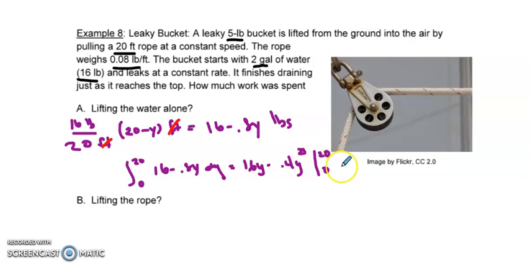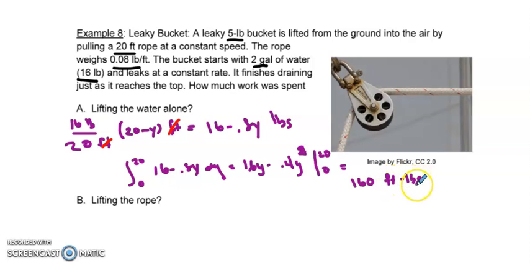That's a 2 right there. And when I integrate all this, 16 times 20 is 320, and then I'm going to get 0.4 times 400, which is 160. So I have 320 minus 160 is 160 foot-pounds, okay?